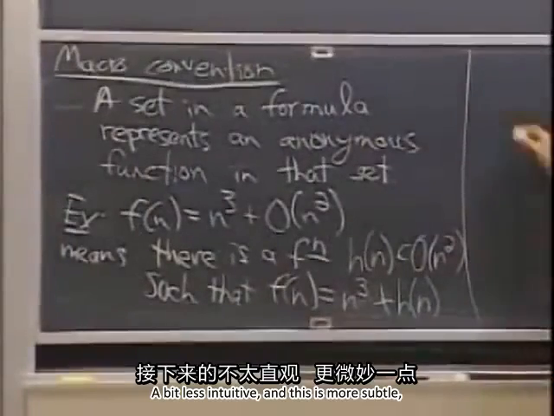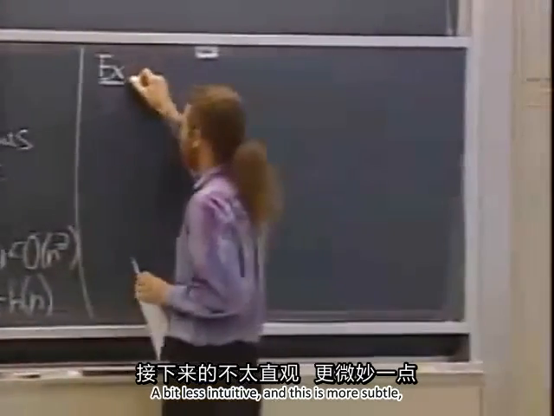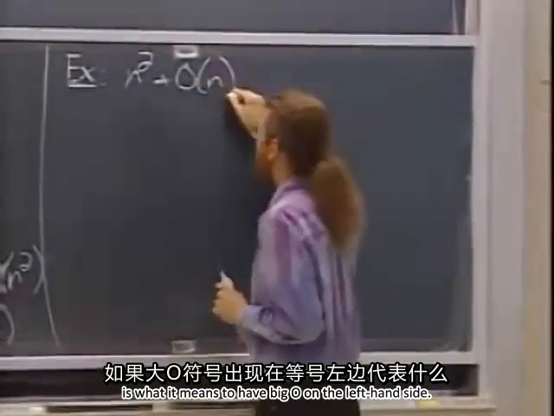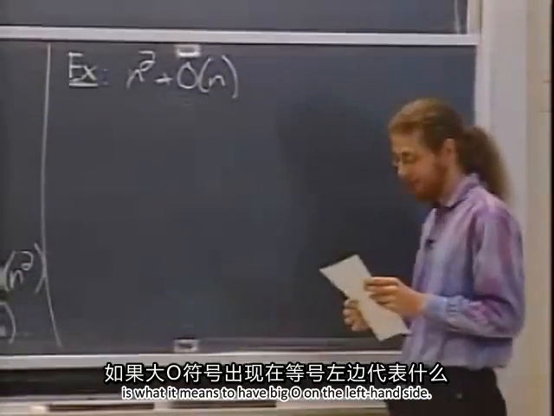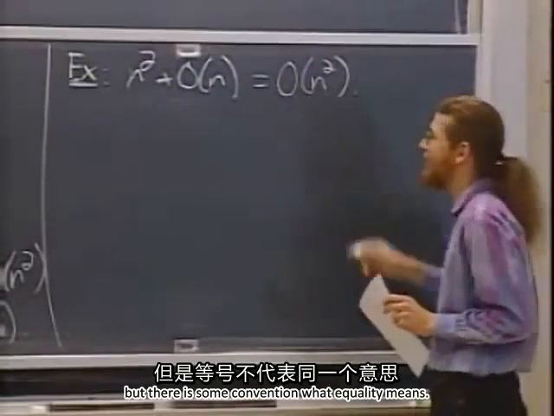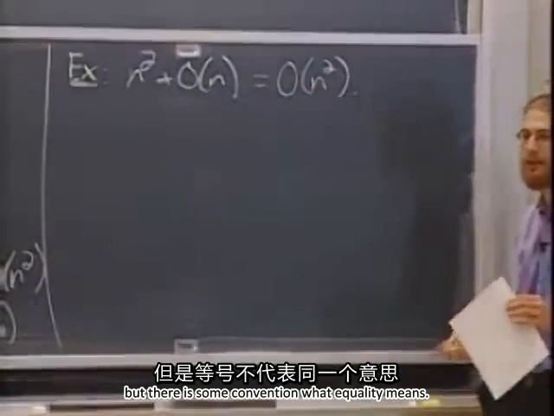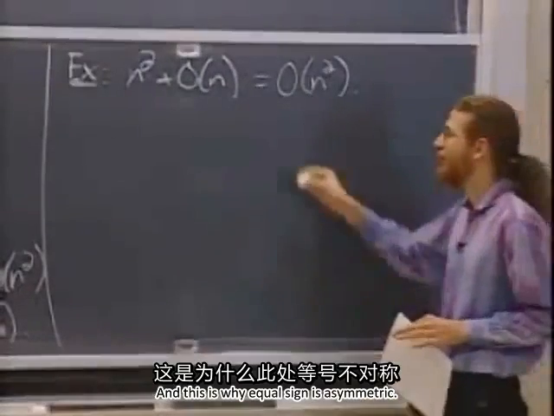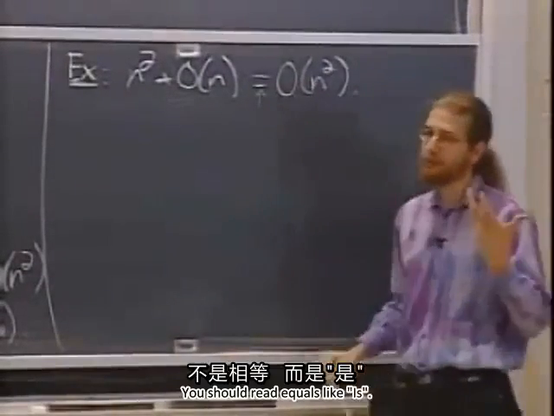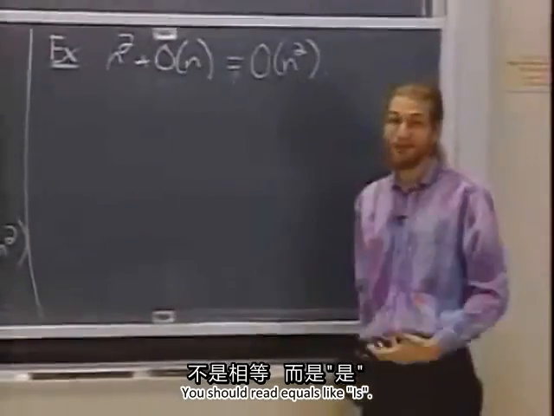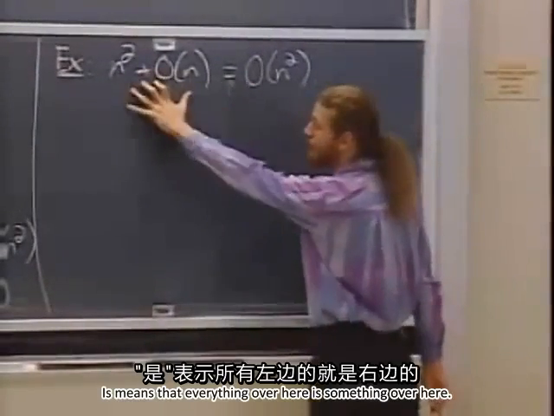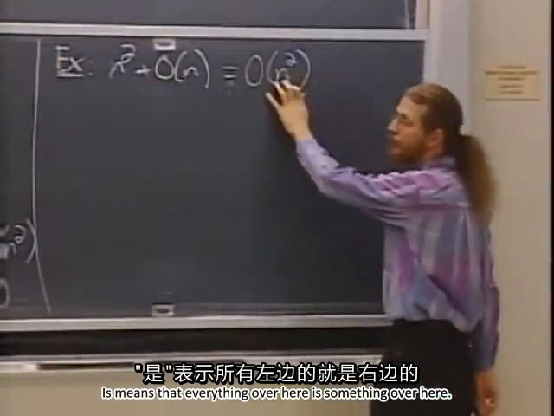A bit less intuitive, and this is more subtle, is what it means to have big O on the left-hand side. It means the same thing, but there's some convention in what equality means. Okay, and this is why the equal sign is asymmetric. You should read equals like is. So is means that everything over here is something over here.